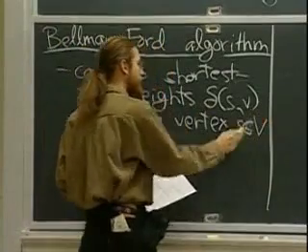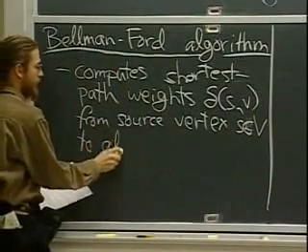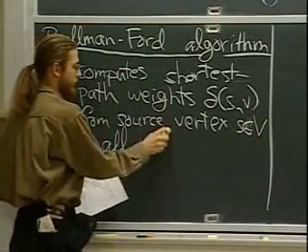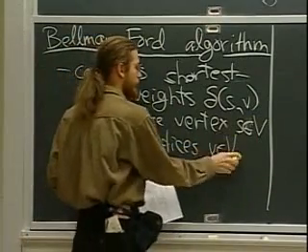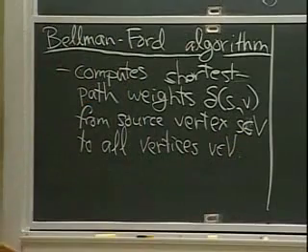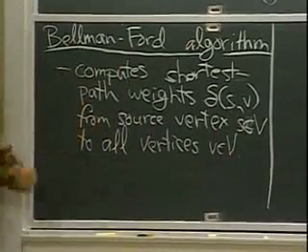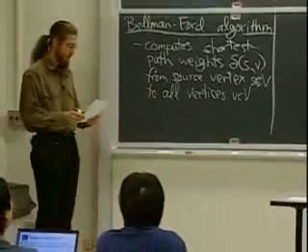S is in V. And we want to compute these weights for all vertices, little v. The claim is that computing from S to everywhere is no harder than computing S to a particular location, V, so we're going to do it for all of them. It's still going to be the case here.